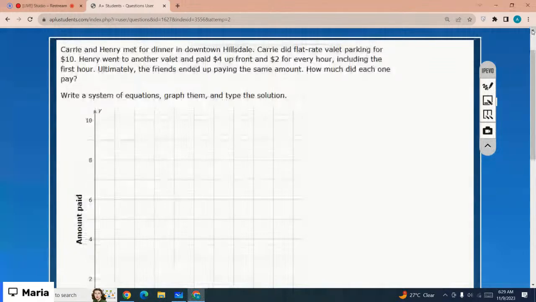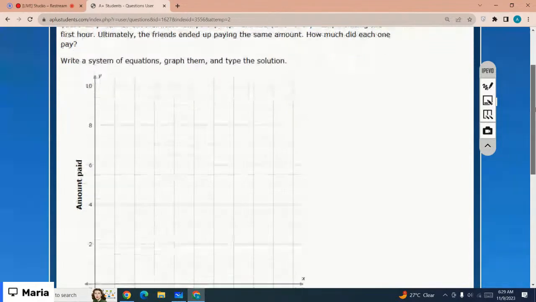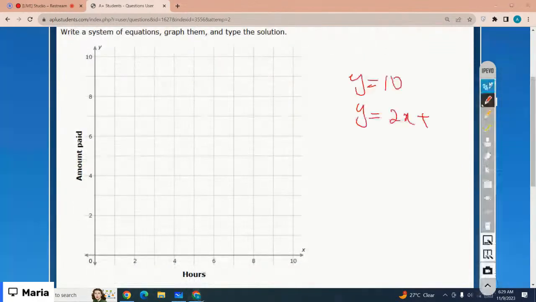Henry went to another, paid $4 upfront and 2 for every hour, right? So the equation is 2x plus 4, right? Okay, so the first one is y equals 10, you have a straight line over here. Okay, the second one is y equals 2x plus 4.